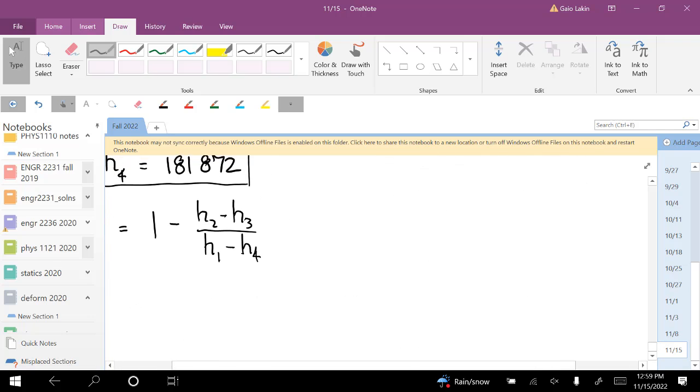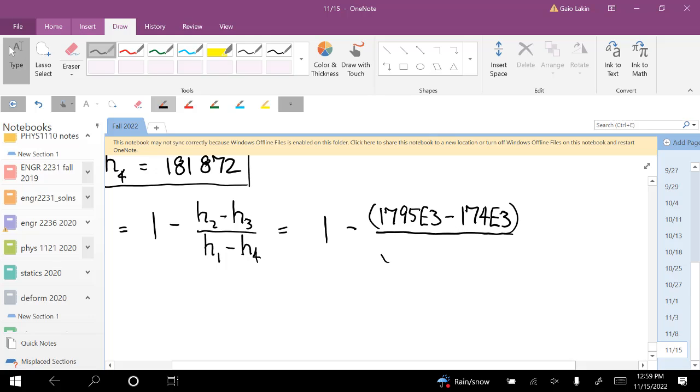Okay. And so that's 1 minus the quantity 1795 times 10 to the third minus 174 times 10 to the third, divided by the quantity 2758 times 10 to the third minus 182 times 10 to the third, and you get 0.371.